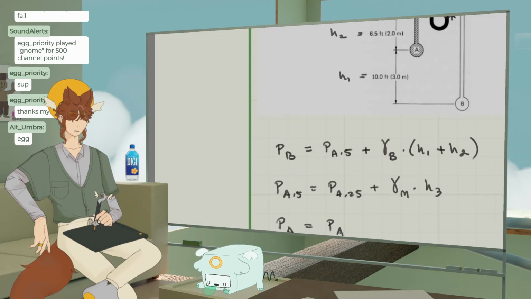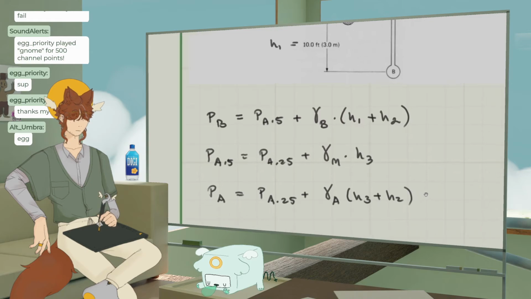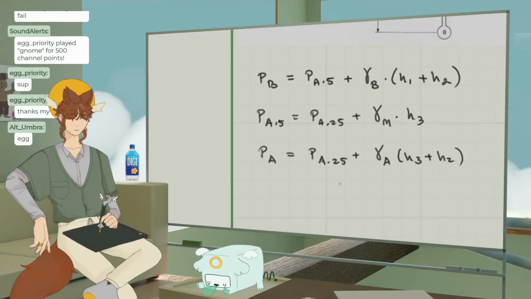Whoops, 8.25 plus... how much are we adding? H3, so sorry, H3 plus H2. Okay. So we can solve for 8.25 to get 8.5 in there. So we're going to say this. Or we'll do this.